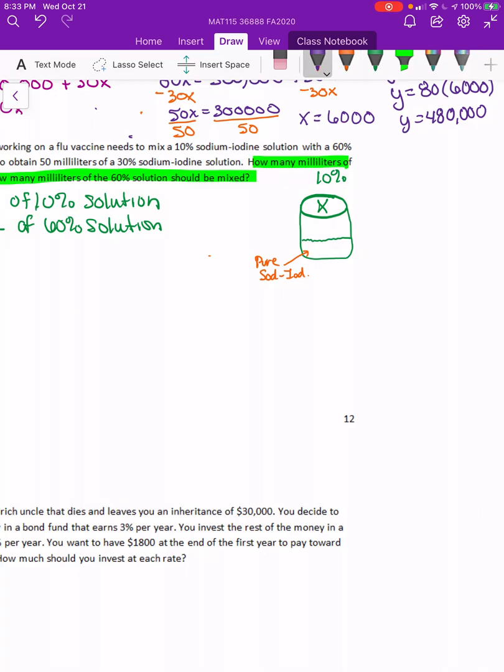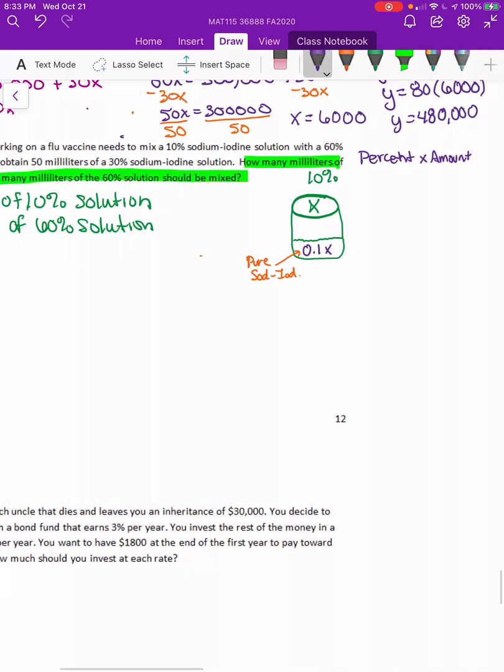Now, in our problem, that amount is going to be 10% times the variable X. So it's going to be 0.1X. So again, if you think about it, it's going to be the percent times the amount. Okay, so that's going to give us how much sodium iodine is in that vial.